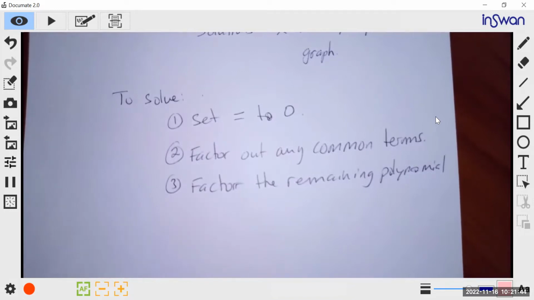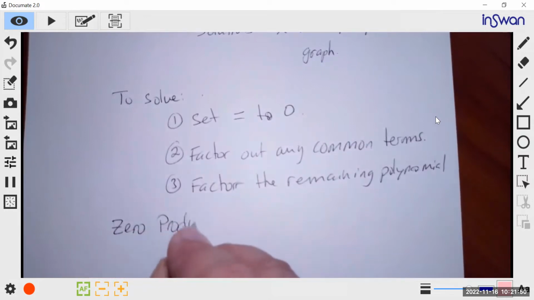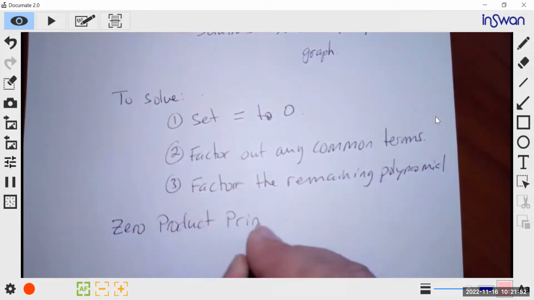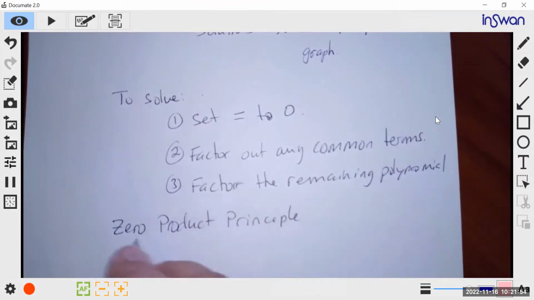We will use a method called the zero product principle.